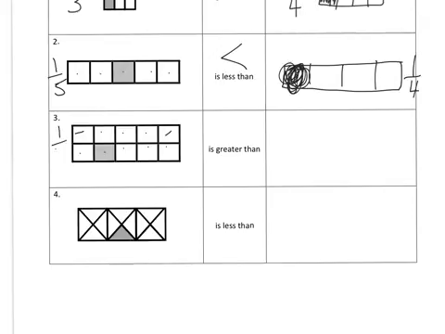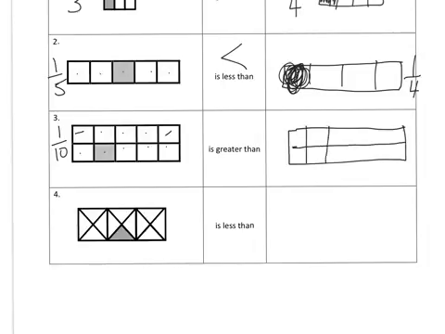That's 1/10 is the unit fraction. 1/10 is greater than, if we had that same shape and we cut it into 12ths instead of 10ths, you could say that 1/10 is greater than 1/12.